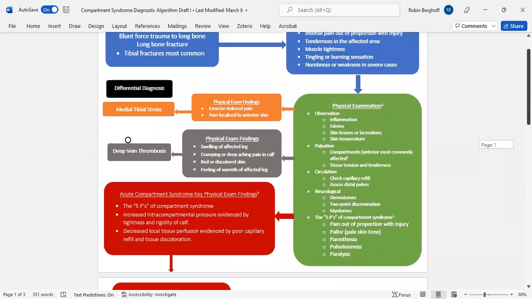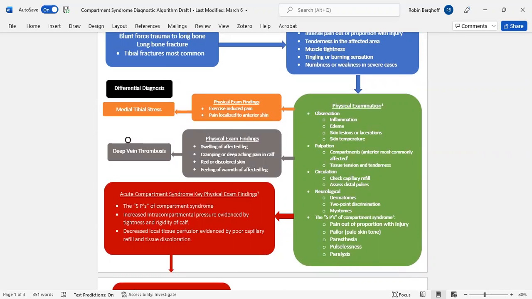The biggest thing to point out here is the flow of it. The red boxes are the things that point you down the line for compartment syndrome. Red means it's an emergency, so we'll make sure that we are aware of those key physical exam findings that are going to tell us that our patients have compartment syndrome.